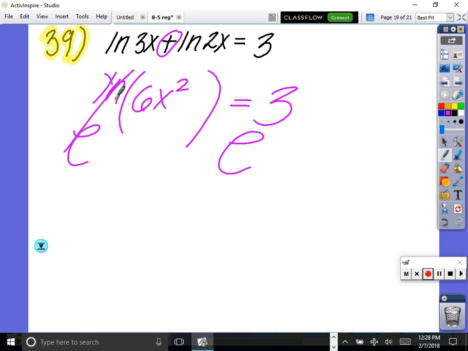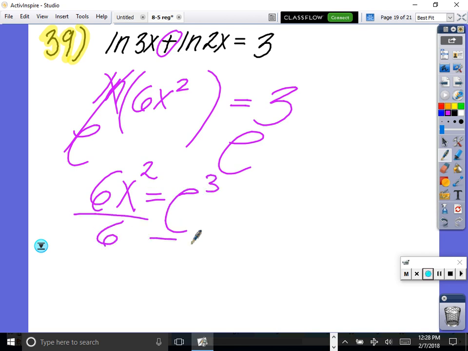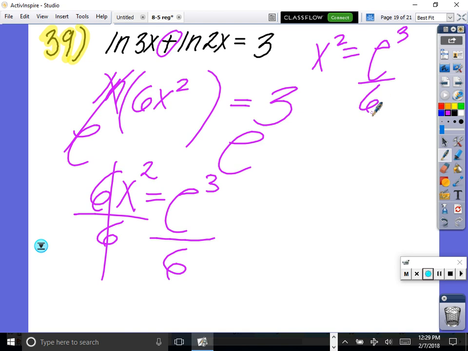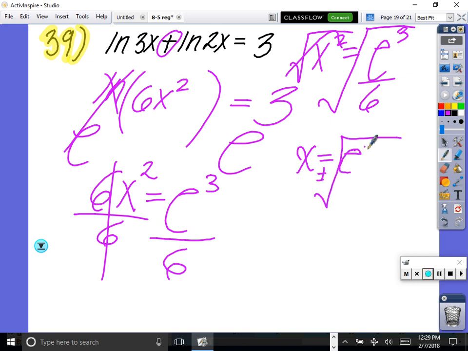I like that you know right what to do. 6x squared equals e to the 3rd. Divide by 6. So we have x squared equals e to the 3rd divided by 6. Now, next thing, square root, square root. So x is equal to plus or minus the square root of e to the 3rd over 6.